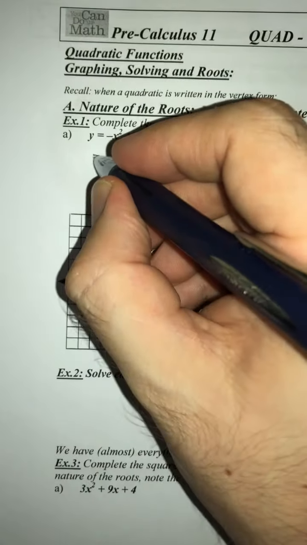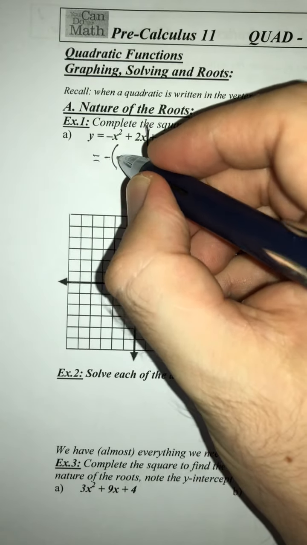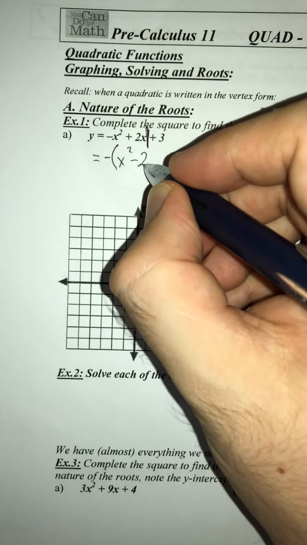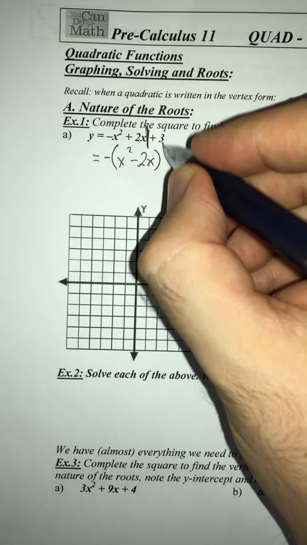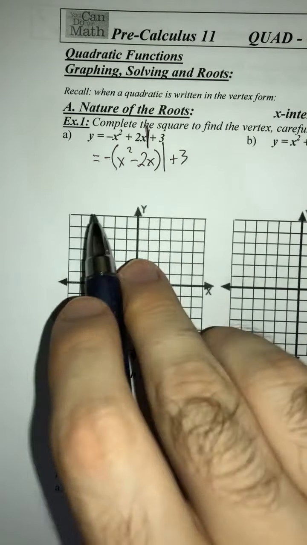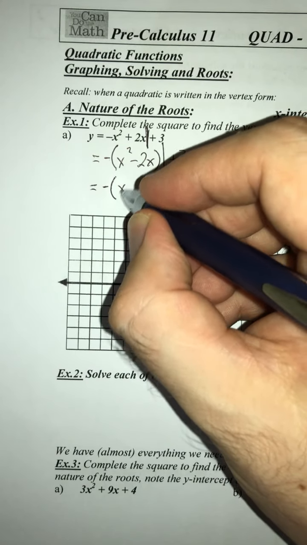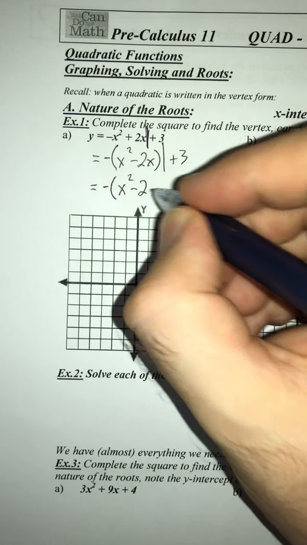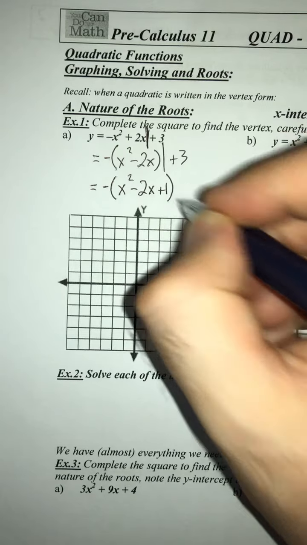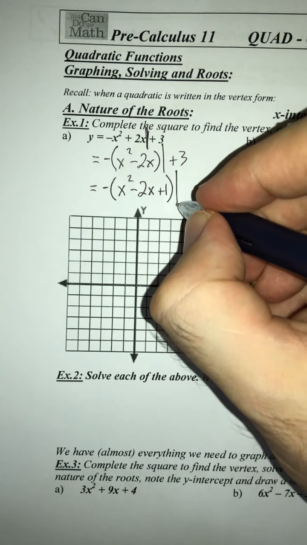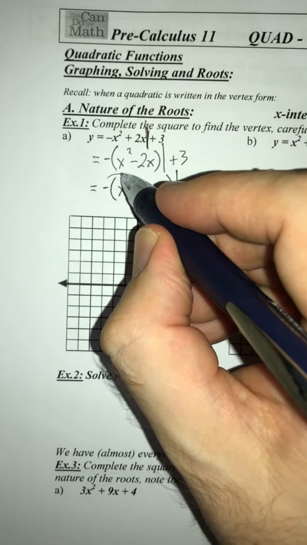So I do this, factor out the negative because I've got that there. Anything in front of the x squared we need to get rid of. And then turning this into a perfect square, what that's going to end up giving me is this. And bringing the negative into here.